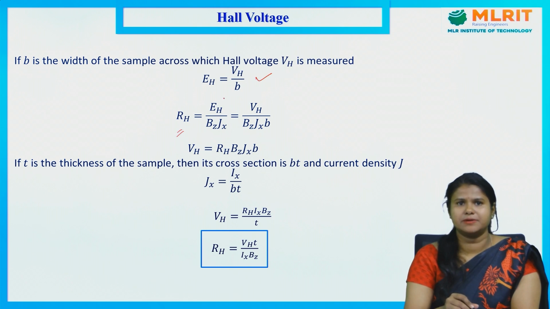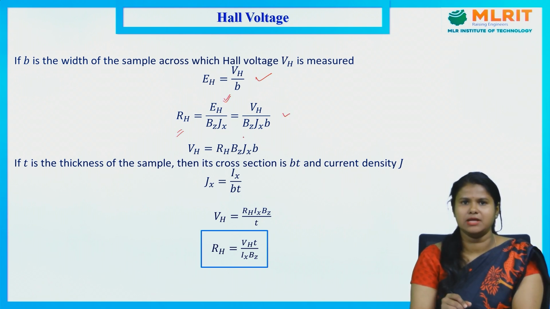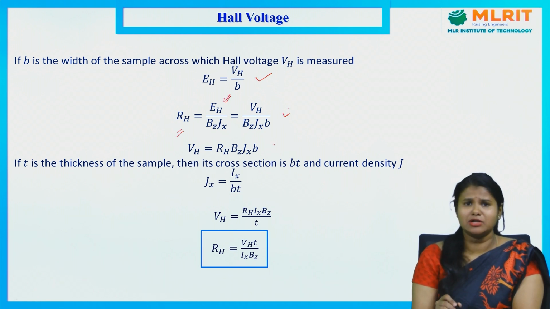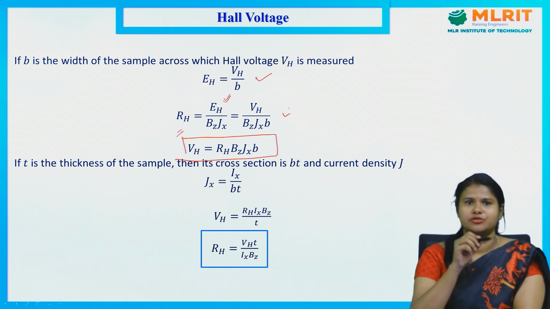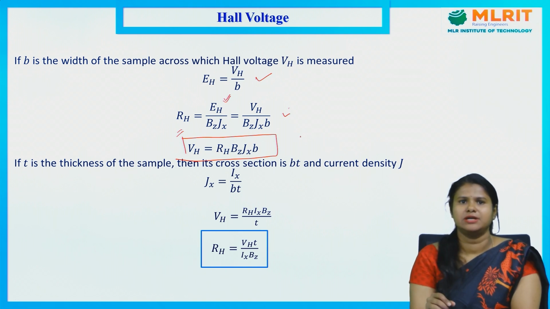So, we can replace this EH by VH by B. So, RH is equal to VH by Bz Jx into B. This is the expression of the Hall coefficient in terms of Hall voltage, magnetic field, current density and the width of the slab. From this, the Hall voltage will be equal to RH into Bz into Jx into B.